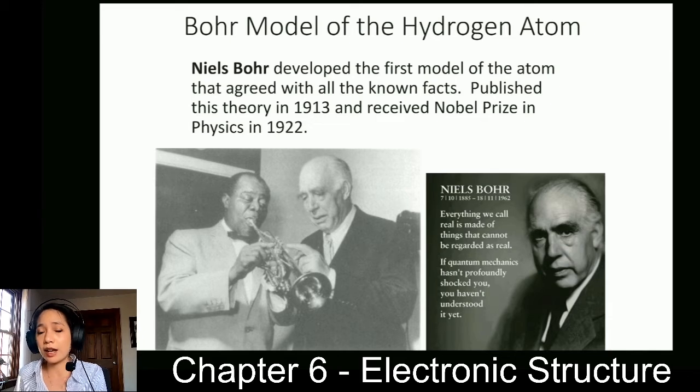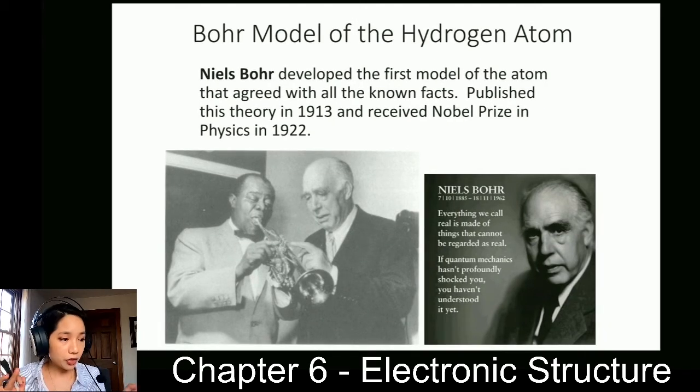And at the time when Bohr came up with his model for the hydrogen atom, it was so profound that he earned a Nobel Prize in physics due to his interpretation of the observations that all of these chemists made through the photoelectric effect and the line spectra of discharge tubes.